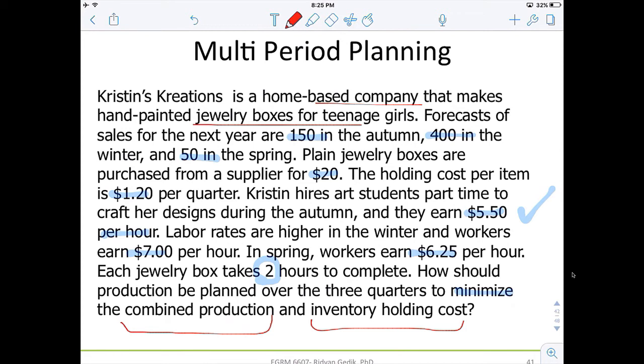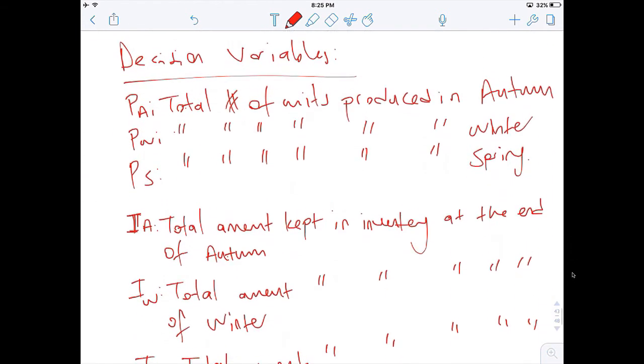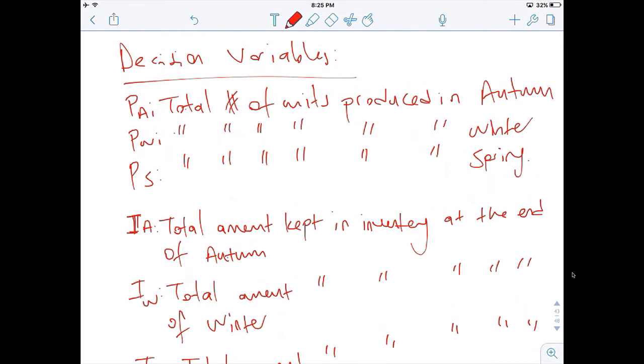The other decision you would be interested in making is how much to keep in inventory at the end of each season. You have 3 quarters, a production decision variable for each quarter, and an inventory decision variable for each quarter as well.